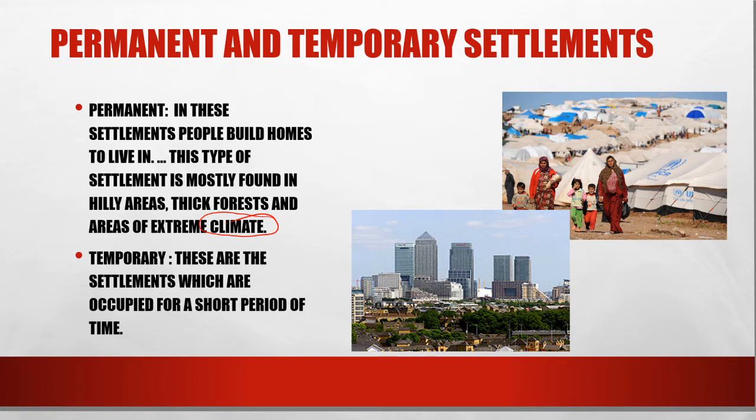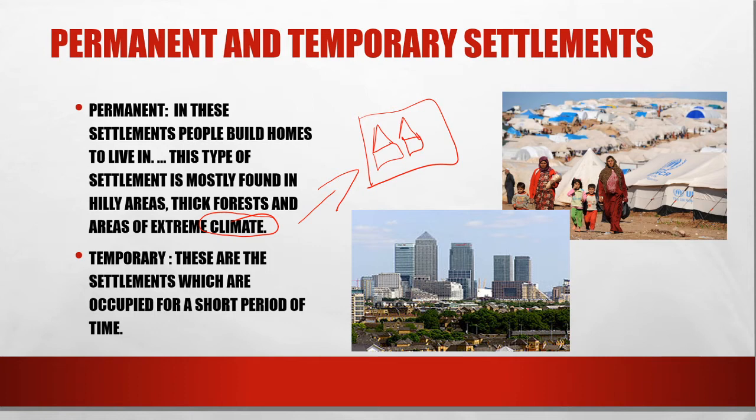We all know that those people who live in a temperature which is minus 10 degrees or 5 degrees are not able to move very frequently from one place to another place. Hence, this laid the bricks for the formation of permanent settlements, and those people permanently settled there only.